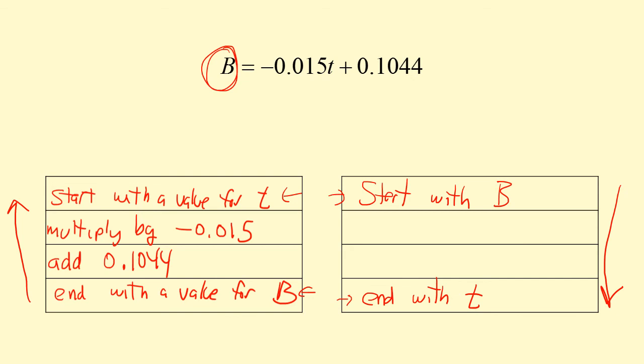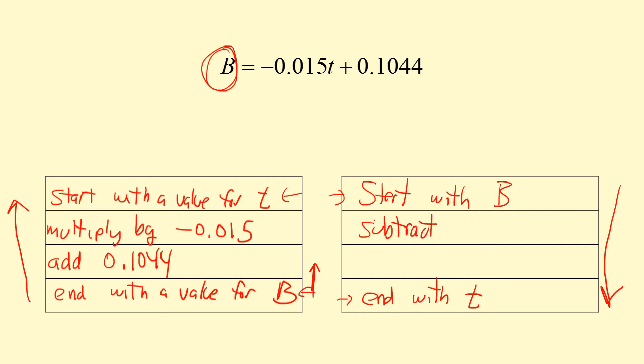So the next step up the line is that we add 0.1044. The opposite of adding 0.1044 is subtracting. So that's the first thing we're going to do here.